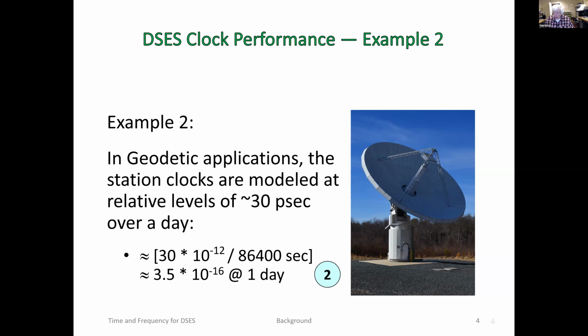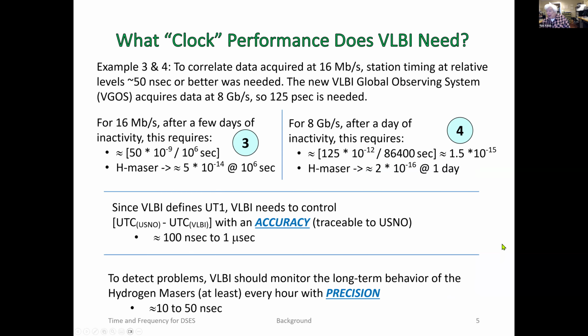Now imagine your crystal oscillator in your ham shack at 1 day at that precision. That's quite heavy duty. Here's a few more requirements for examples that give us bullets number 3 and 4. And again, we're seeing some fairly significant requirements.